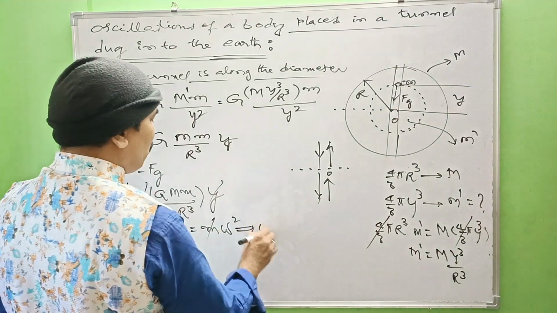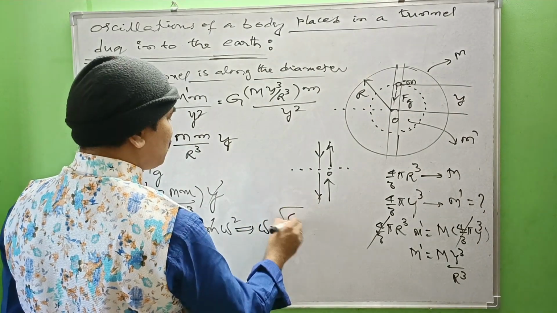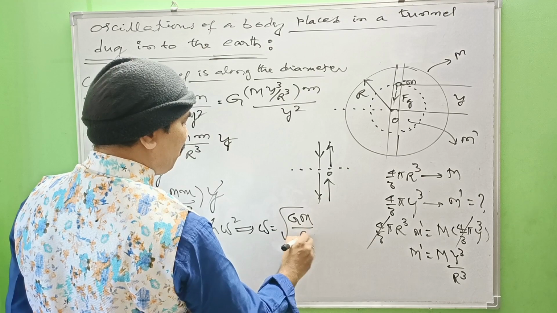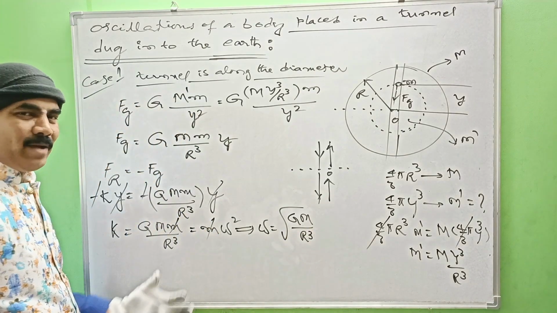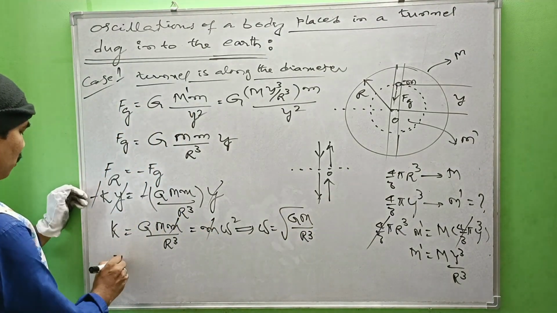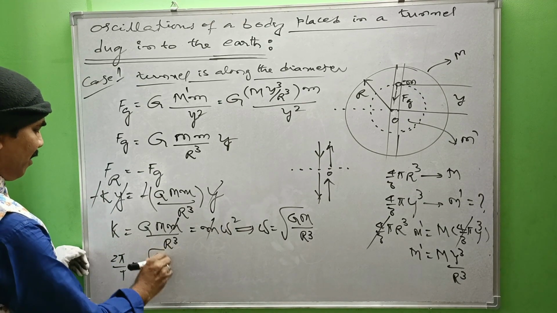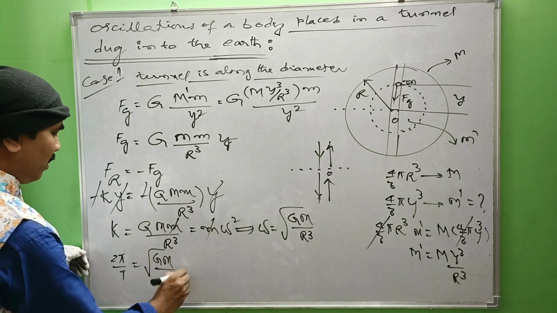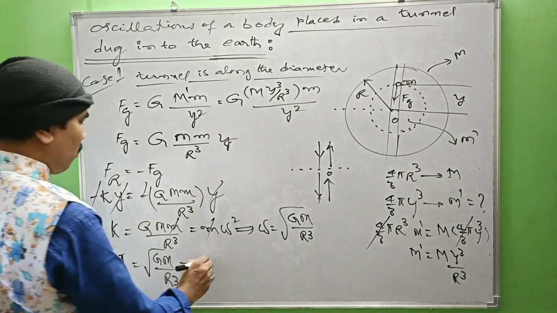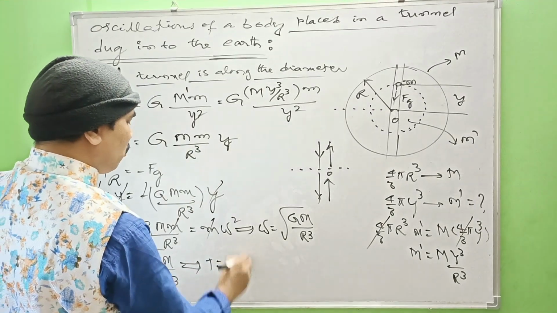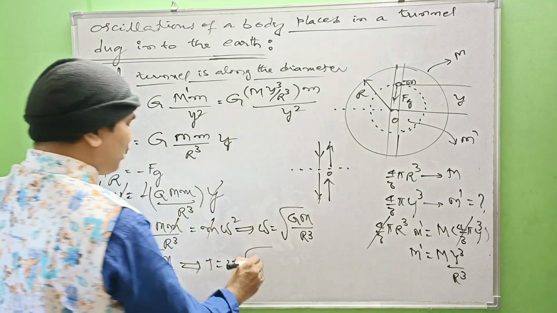Omega equals root over GM by R cube, right? Now what is omega? That is 2 pi by T. So 2 pi by capital T equals root over GM by R cube, implies T equals 2 pi into root over R cube by GM.